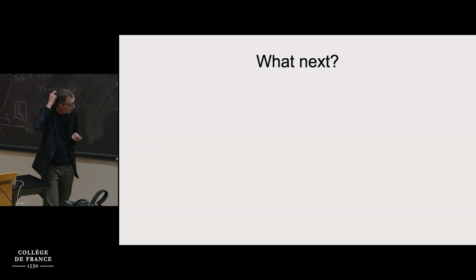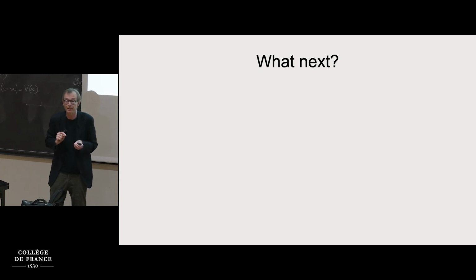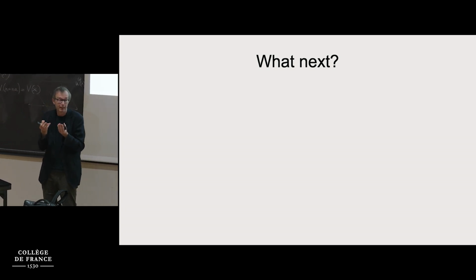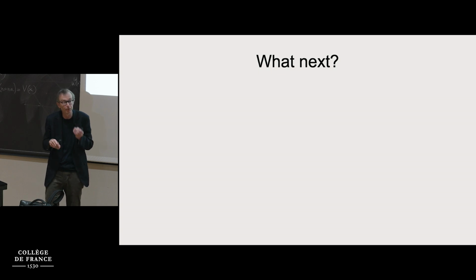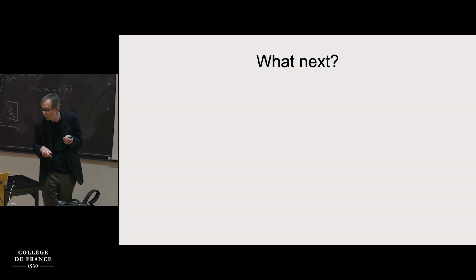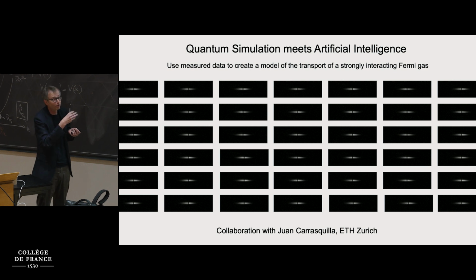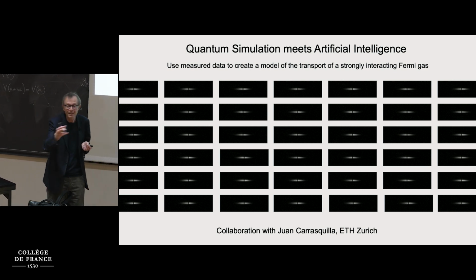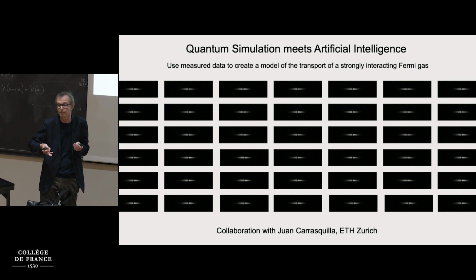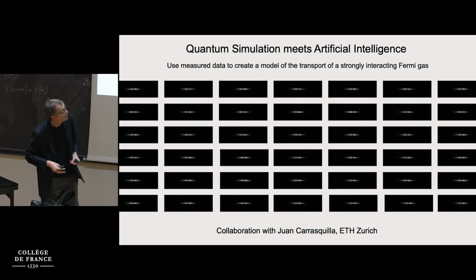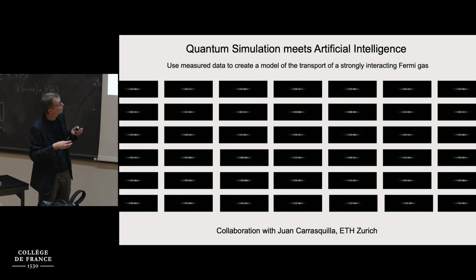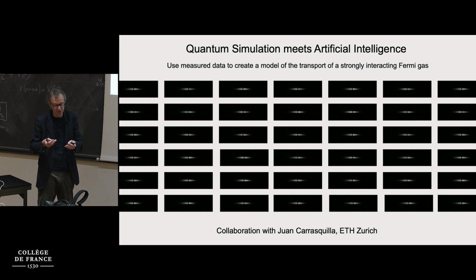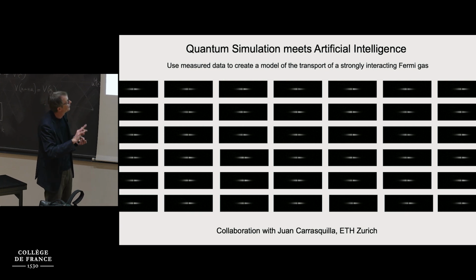What next? The pain with these measurements is always to extract the equation of state. You need to know your imaging very well, and so forth. So that is a bit painful. So the thought was, couldn't one just produce masses of these images in masses of different configurations, and then feed these images into an AI, image and channel type, and then forget about this equation of state.